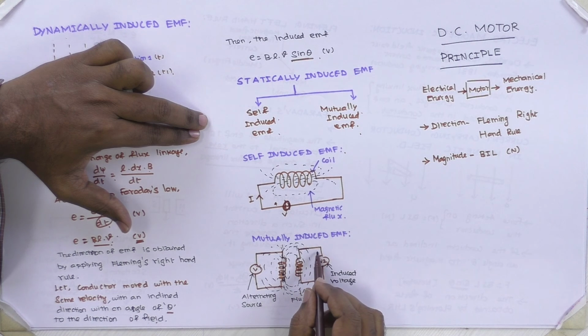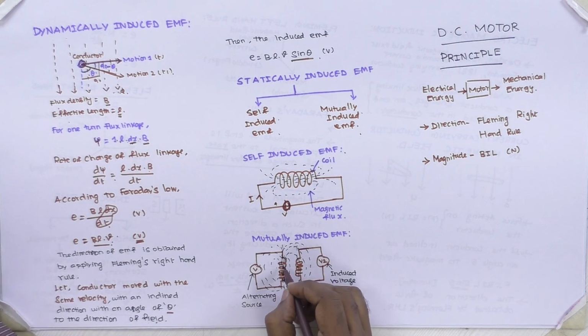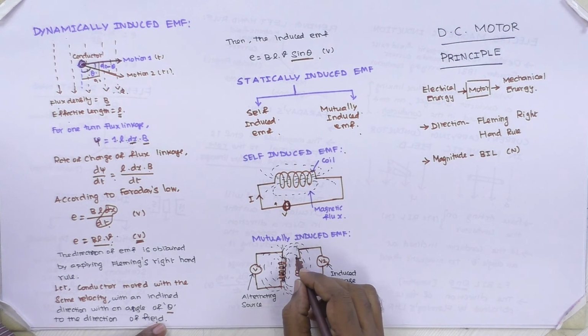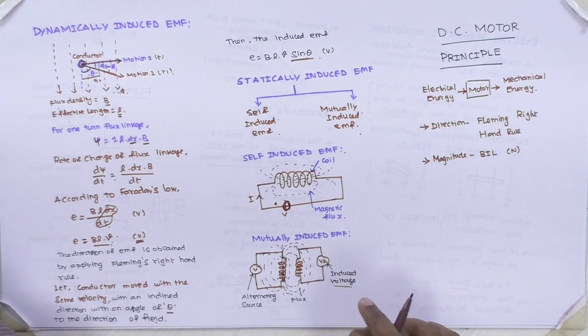This is called mutually induced EMF, which we can measure on this meter as the induced voltage. So this is the self-induced EMF on the one coil, and when the nearby coil is energized, the EMF that flows is called mutually induced EMF. So now we have completed the magnetic circuits, electrical circuits, and the interaction between the electrical and magnetic circuits, that is electromagnetic induction.